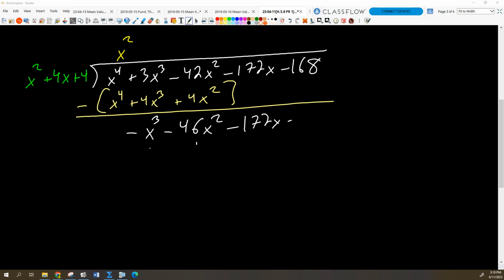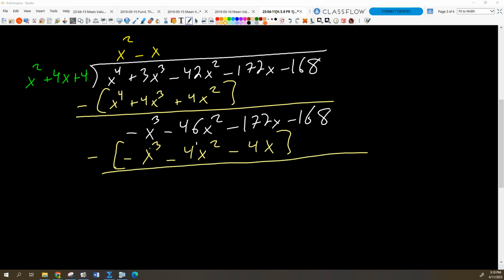Bring the others down. Go again. X squared times what is -x cubed? -x. Okay, distribute. Distributing through, I get -x cubed minus 4x squared minus 4x.